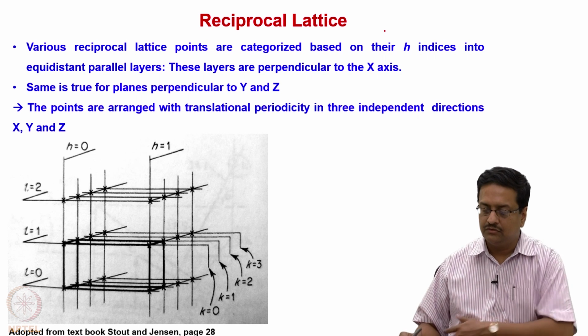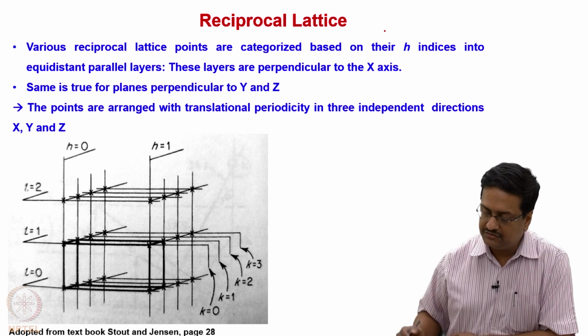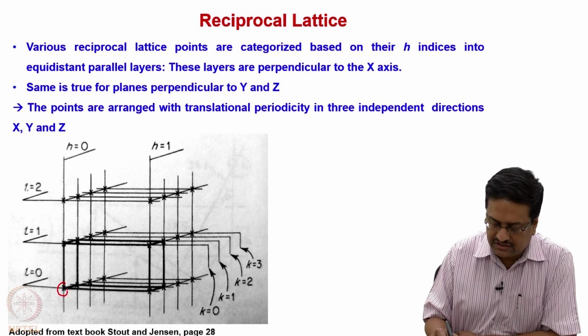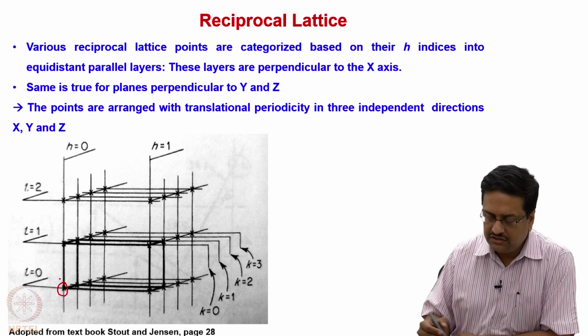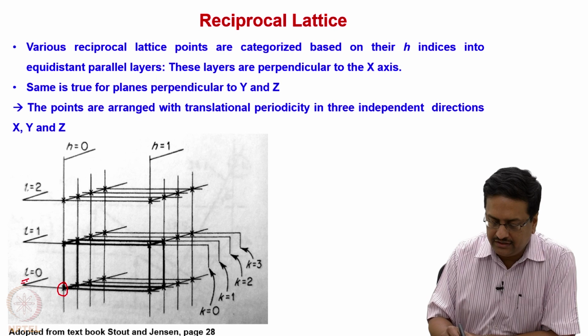So, the reciprocal lattice points which are marked here as star, the points on that particular layer have L index 0.